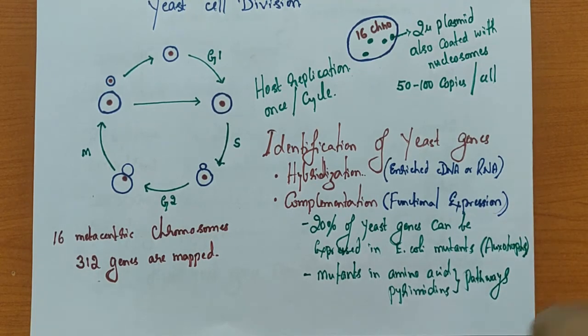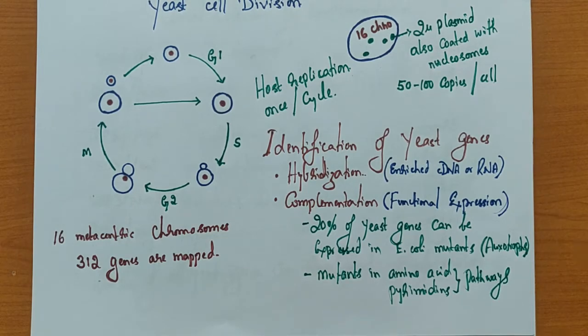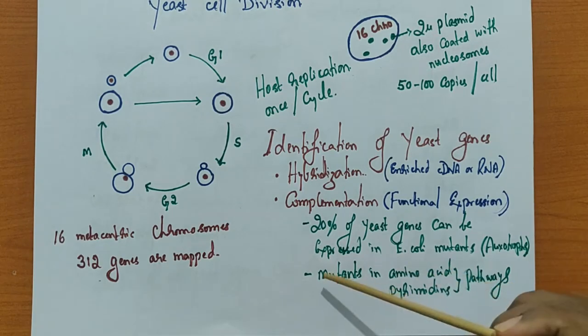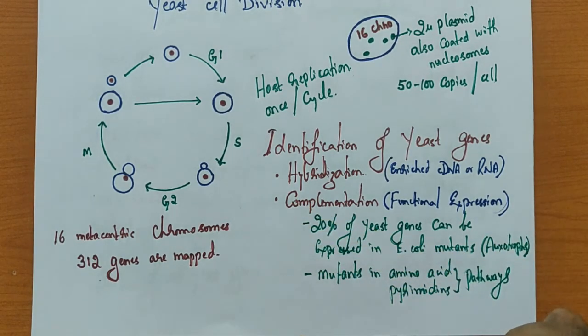Then if you replace that key enzyme, the metabolic process is going to be complete, so an essential component is going to be synthesized, and the microorganism or the cell survives. Alright. So we have auxotrophs in yeast, and we also have similar auxotrophs in bacteria.